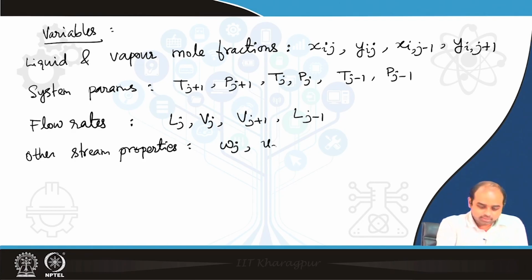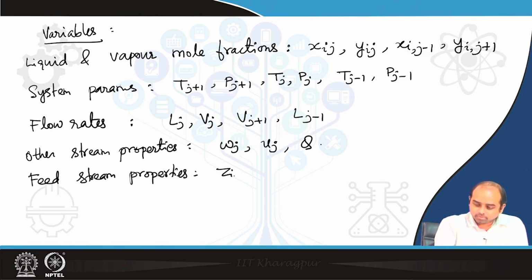It is Wj, Uj and Q. Feed stream properties are composition, pressure, this is, I should not write Zij, Zij, then I have Pfj, Tfj, and I have Fj, flow rate, right.